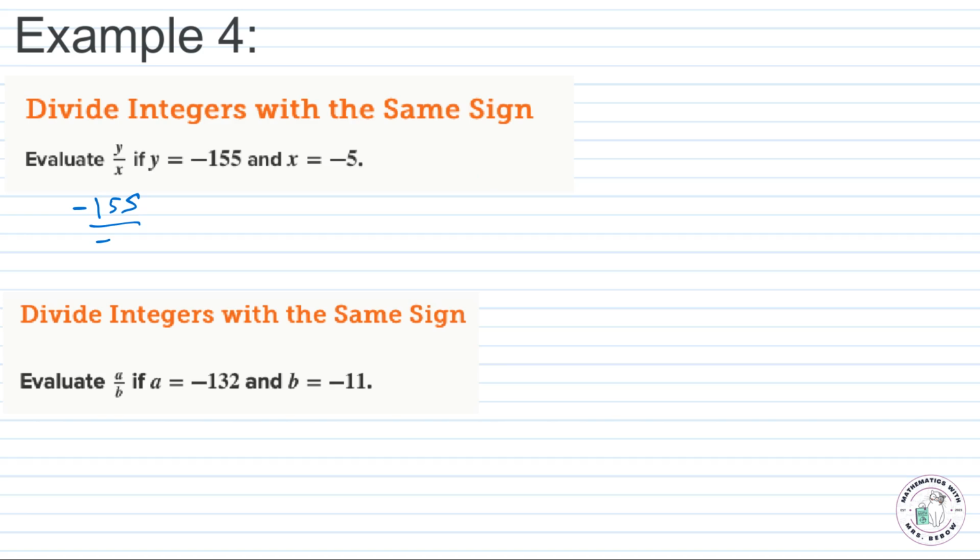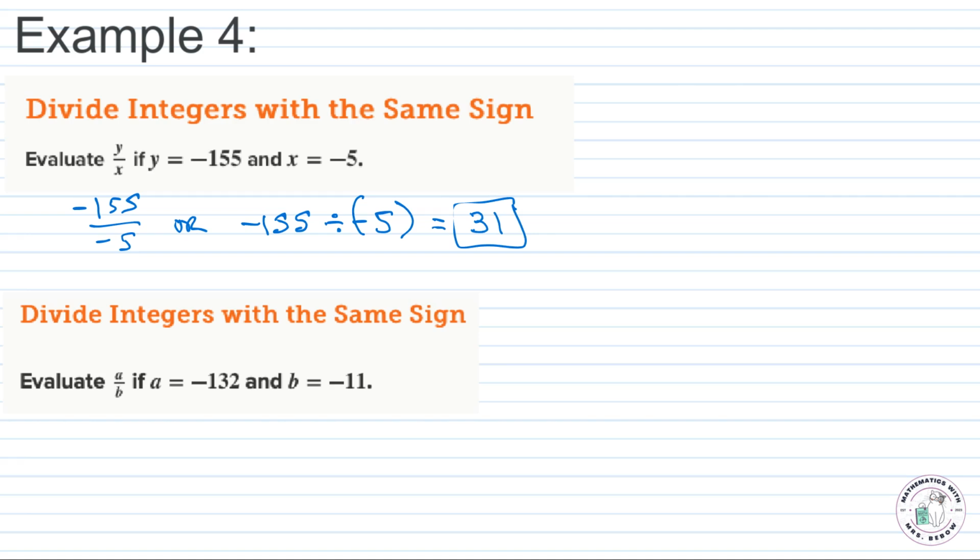We can just write this as negative 155 divided by negative 5. Because they are the same sign, it's going to be a positive answer, and in this case, it's going to be 31. And that's it. To evaluate expressions, plug in what those variables are equal to, and then solve away.